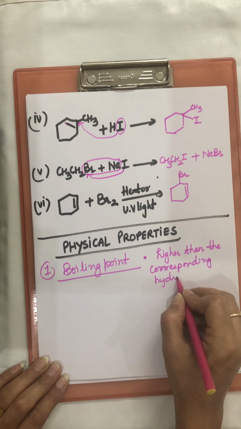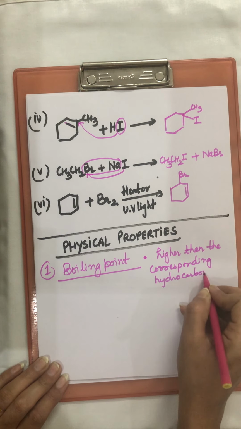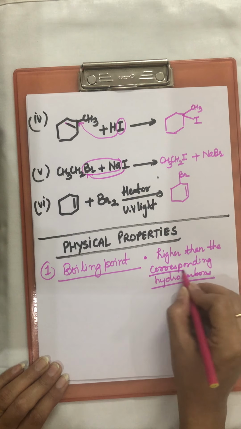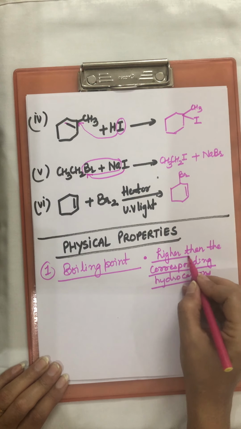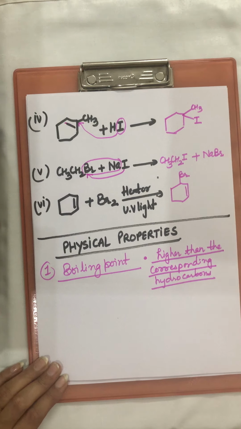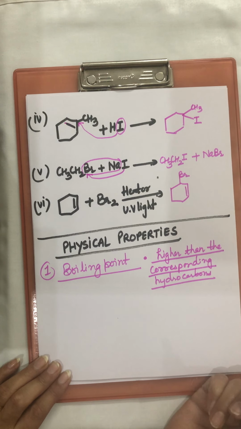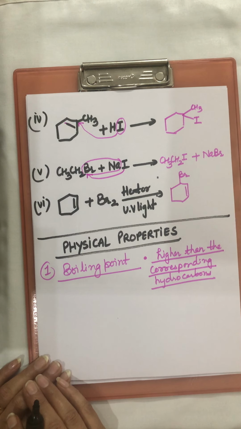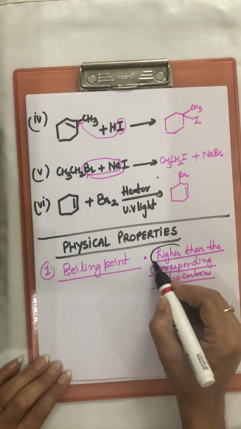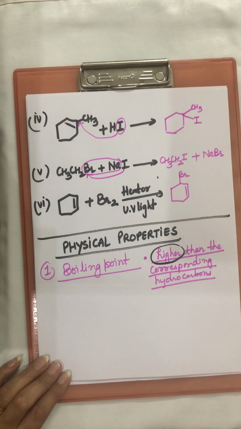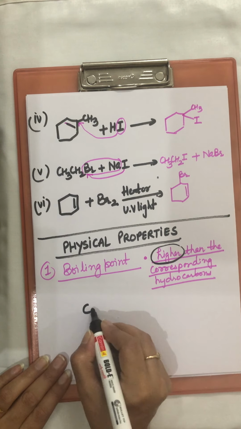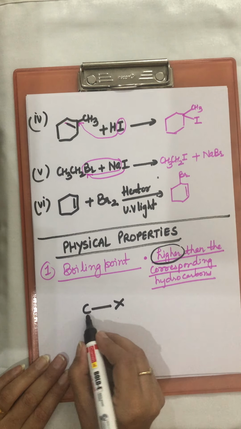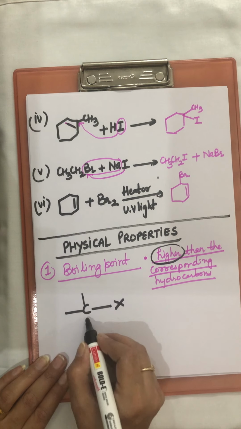Now, what is the meaning of corresponding hydrocarbon? That hydrocarbon with which the molecular mass of the haloalkane will match. So, if we take a haloalkane and its corresponding hydrocarbon, then the boiling point of the haloalkane is higher. The reason is, in haloalkanes there is a carbon and halogen bond.